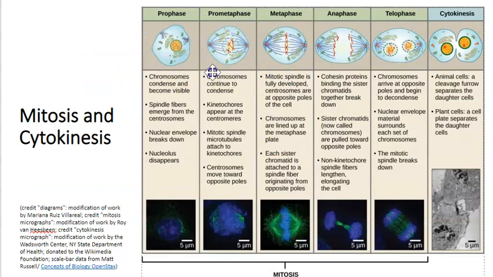Also, spindle fibers, which are proteins that are part of the cytoskeleton, are going to grow during prophase and form a structure called the mitotic spindle. The function of the mitotic spindle is to stretch the cell and to physically move the chromosomes around during mitosis.